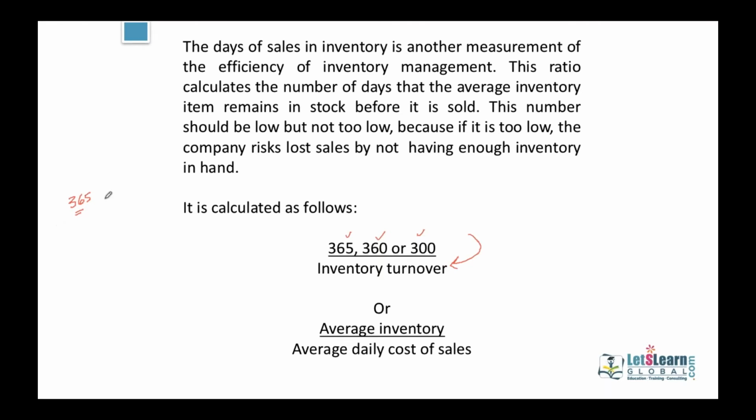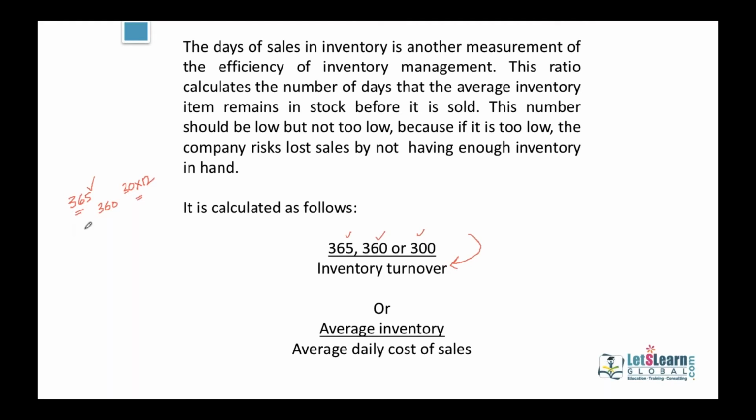Mostly the number of days to be assumed in the formula will be given in your exam. But if nothing is given, you can take 365 days. 360 means assuming that every month has an even 30 days, so 30 days times 12.